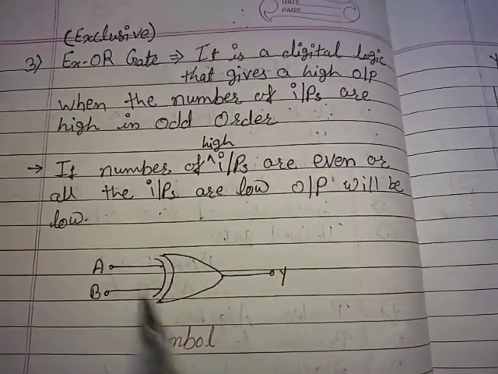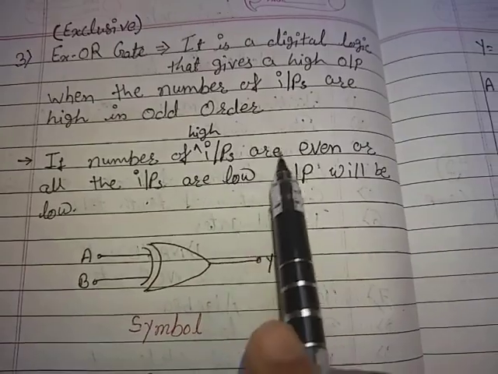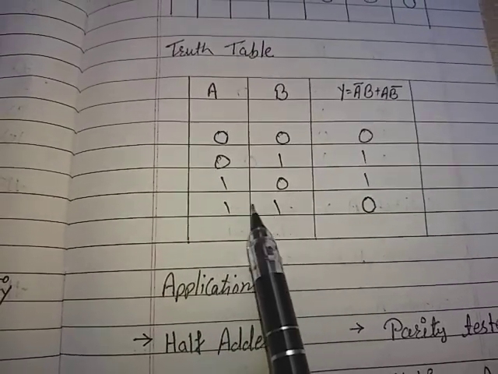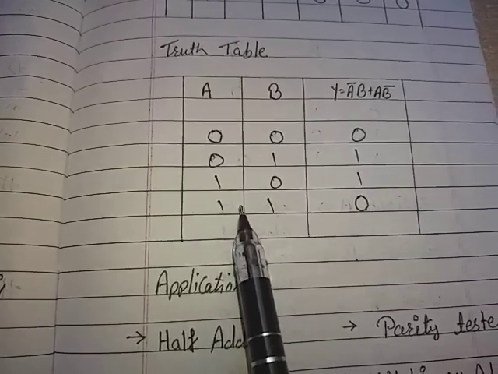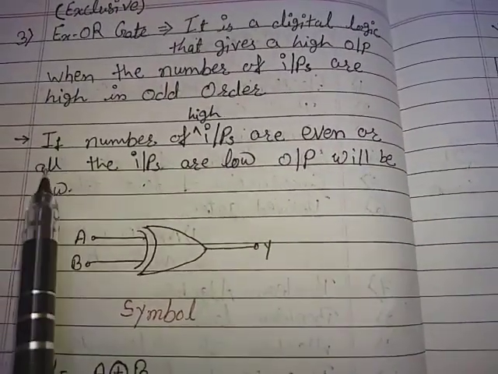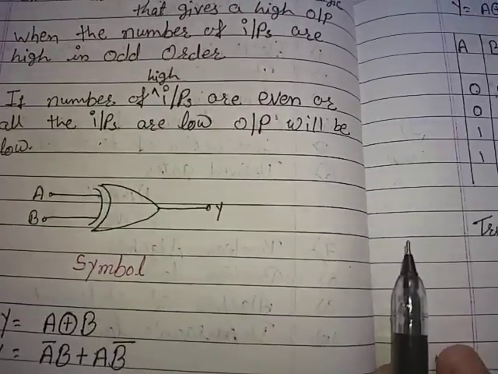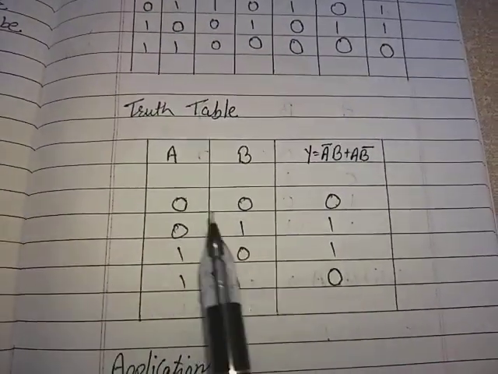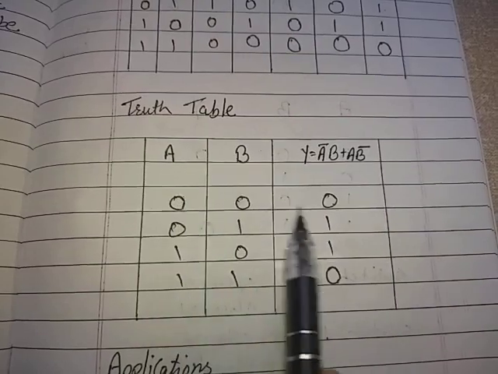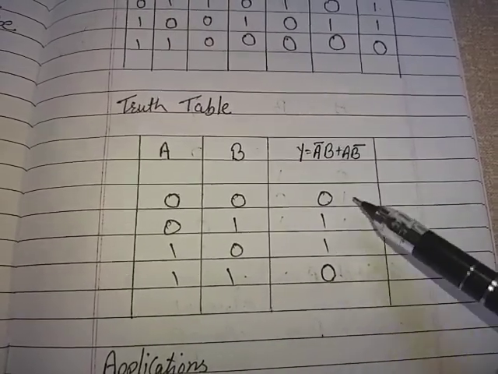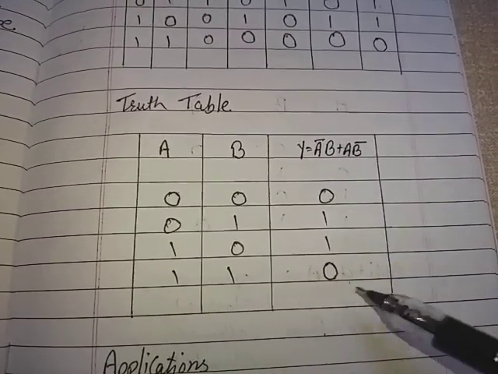If the number of high inputs is even, here we have two inputs high and 2 is an even number, or all the inputs are low, the output will be low. Here both the inputs are low. In both cases, the output is low.